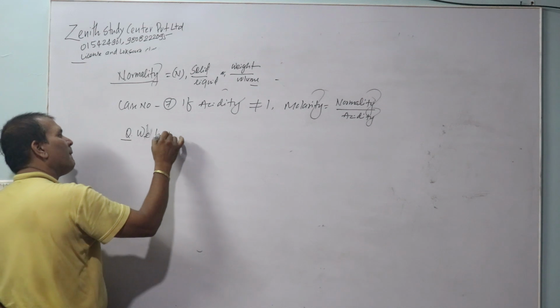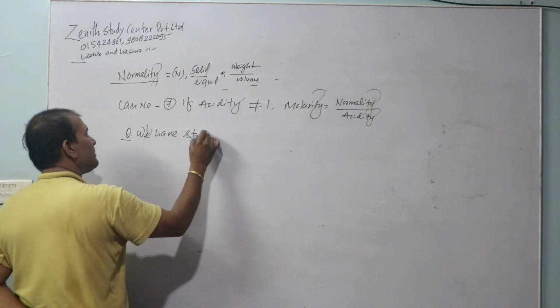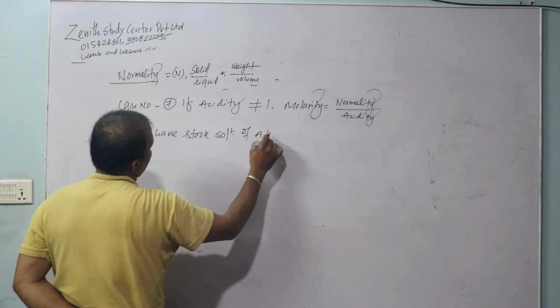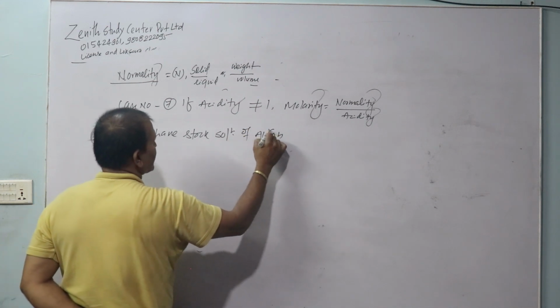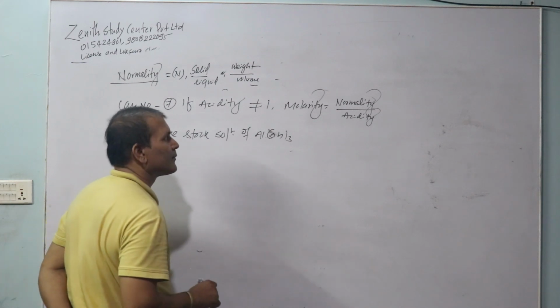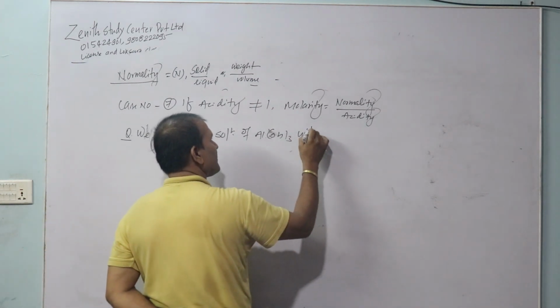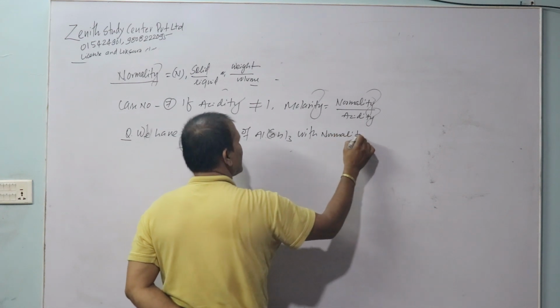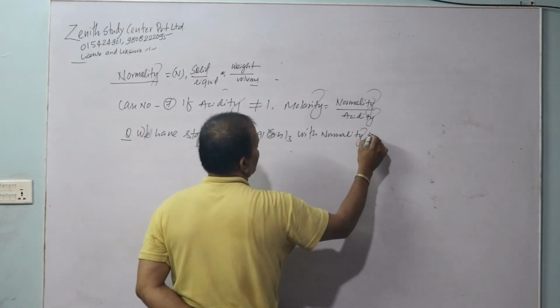We have a stock solution of aluminum hydroxide, Al(OH)3, with normality equal to 3 normal.